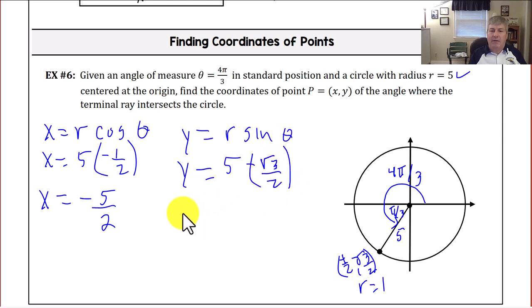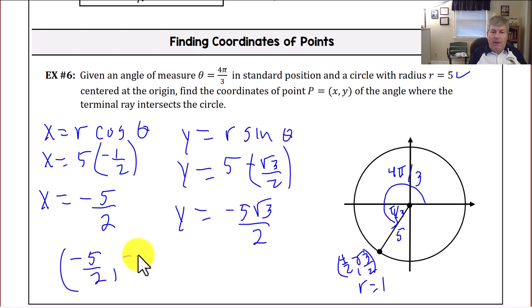We snagged that from our unit circle. So y is equal to negative 5 times the square root of 3 over 2. So the ordered pair on a circle with a radius of 5 is negative 5 halves, negative 5 square root of 3 over 2, or 5 times bigger, or further out, than our unit circle values.